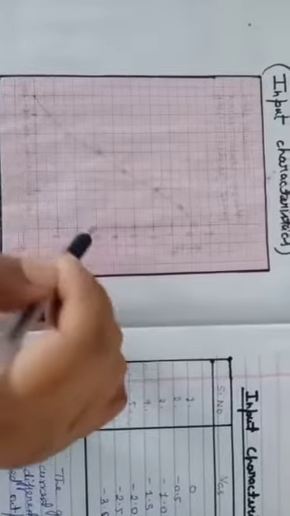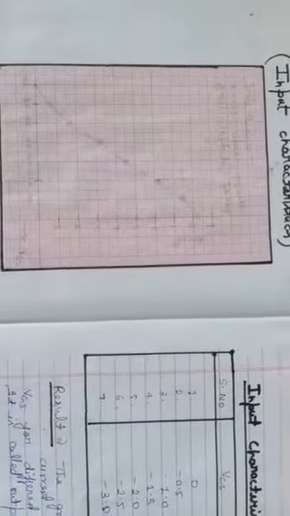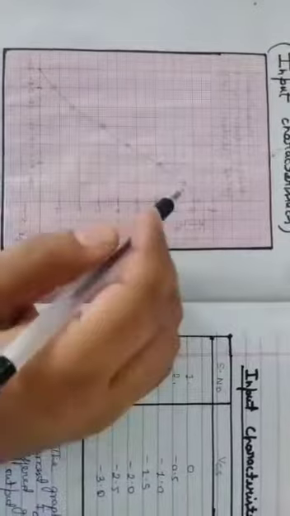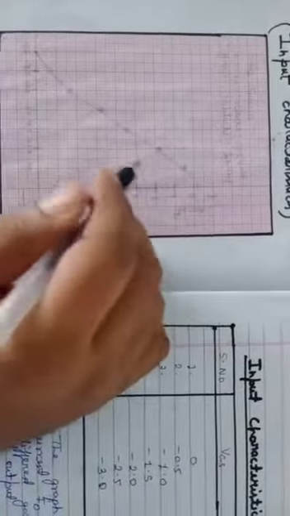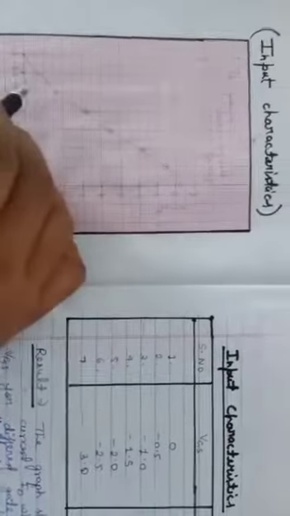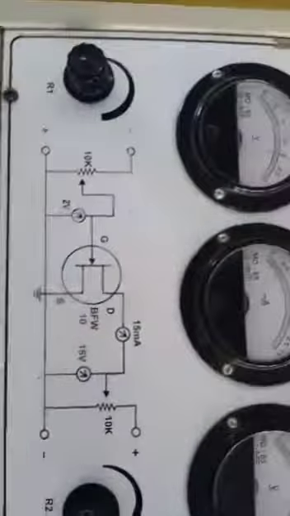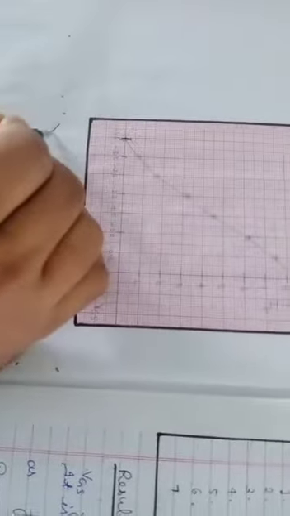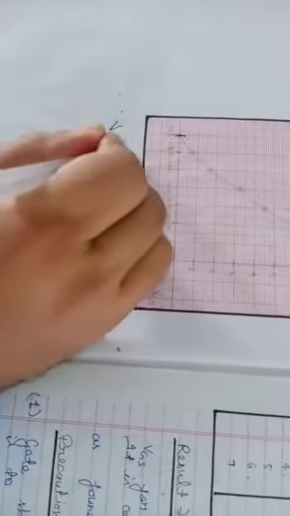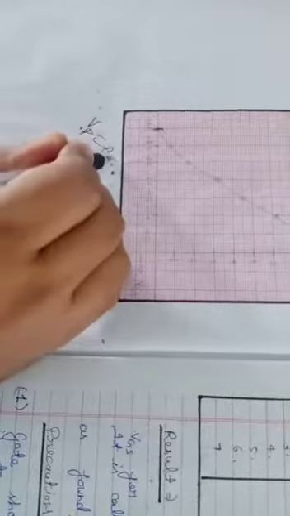From these input characteristics you can also calculate the pinch off voltage, the value at which the current is 0. Here in this case it is 3.5 volt. Then the pinch off voltage Vp is written as minus 3, that is 3.5 volt. Okay.